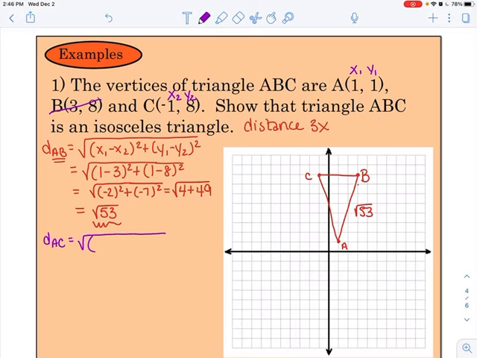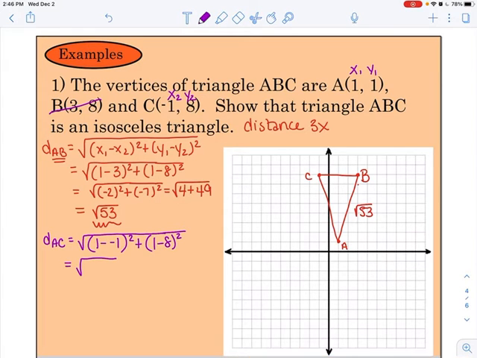Okay, so x1 is 1. Minus sign from the formula. x2 is -1. So you have (1 minus -1) squared for your first one. And your second one, y1 minus y2, it's going to be 1 minus 8. And we need to square that. Again, just be careful.